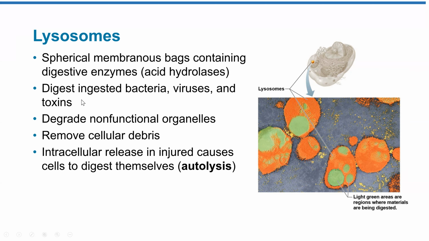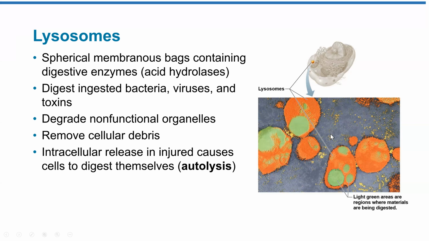Lysosomes digest ingested bacteria, viruses, and toxins, degrade non-functional organelles, and remove cellular debris. Extracellular release in injured cells causes cells to digest themselves, called autolysis. So when the lysosome bursts open inside the cell, here you can see the cell, the cytoplasm, and lysosome.